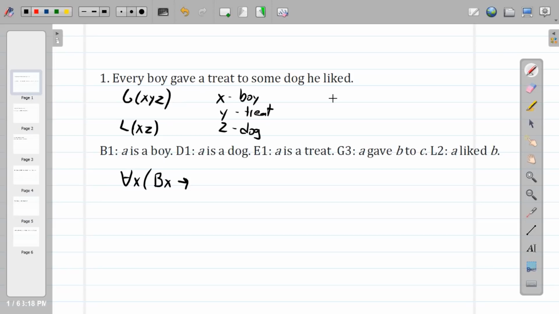We need quantifiers for both of those variables, so we'll start with the treats.